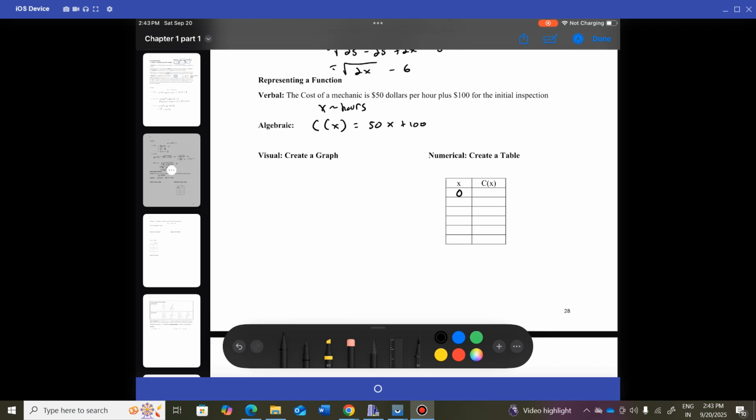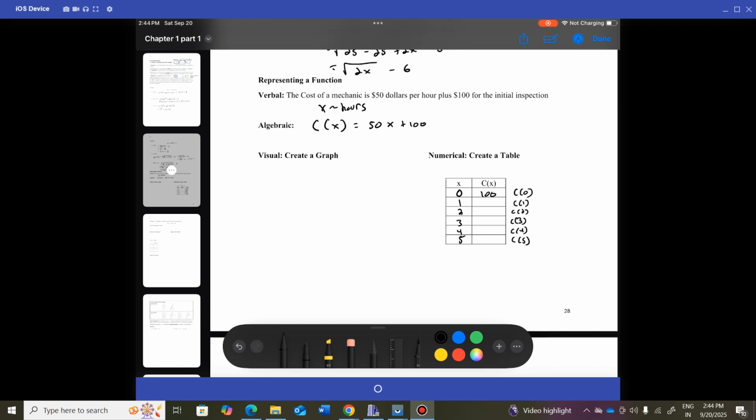And then we can go by hours, 1, 2, 3, 4, and 5. And then we can plug each of these into the equation. So we'll have C of 0, C of 1, C of 2, C of 3, C of 4, and C of 5. And so C of 0 is just 100.